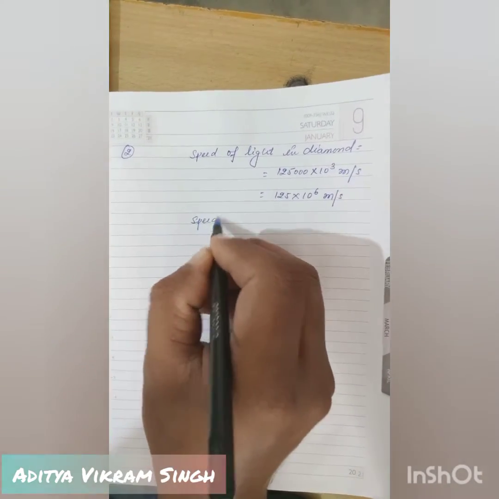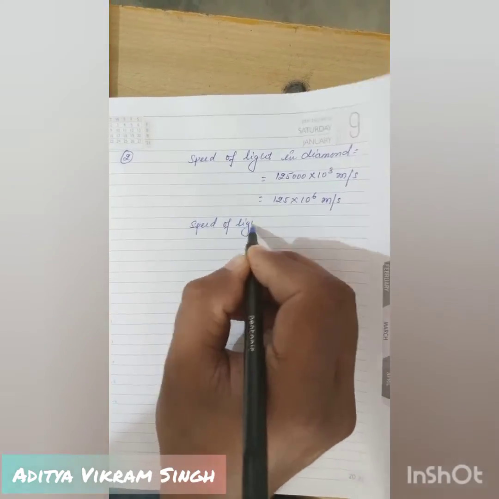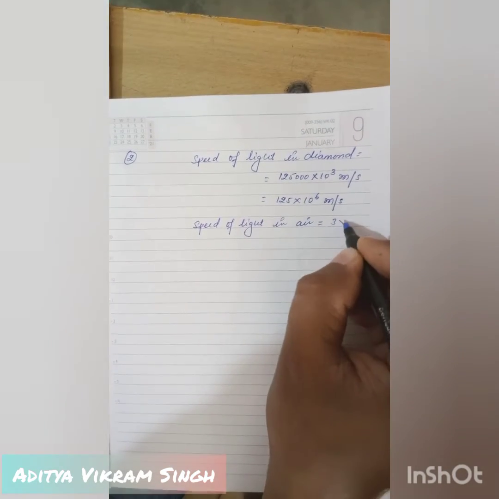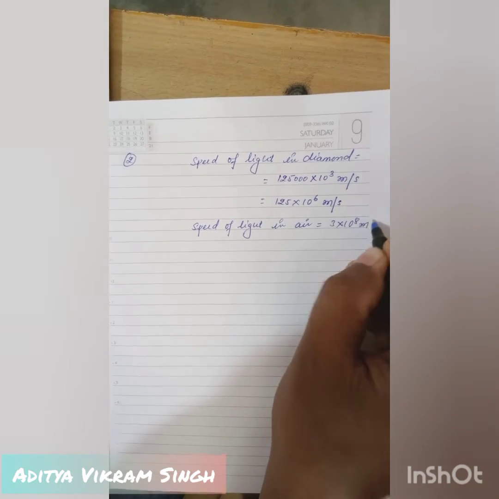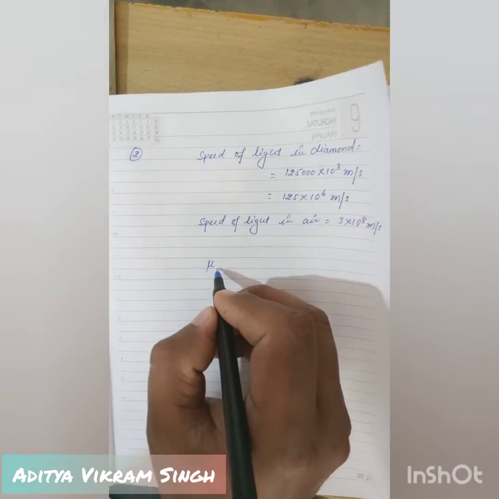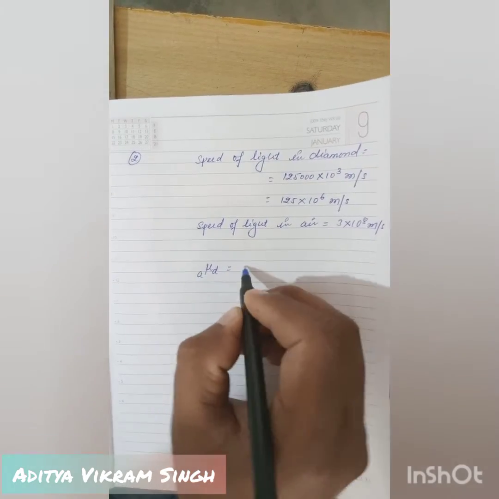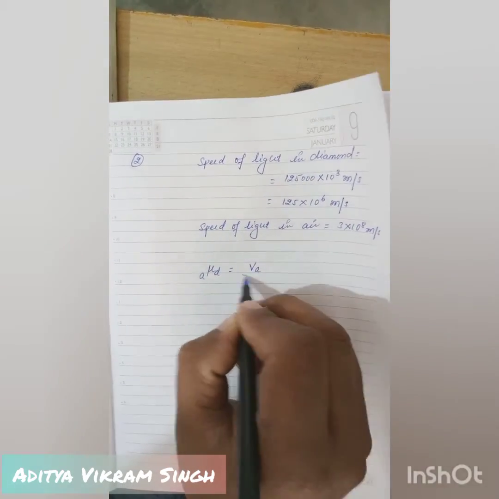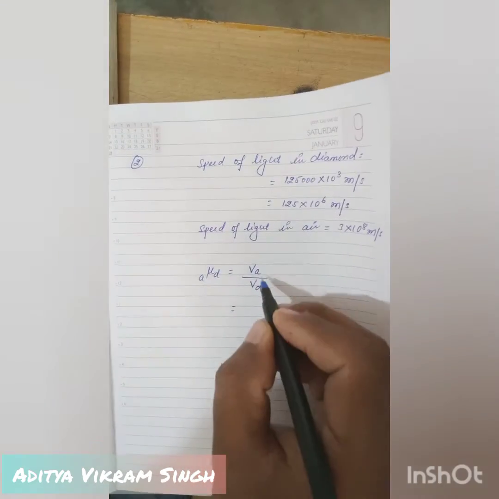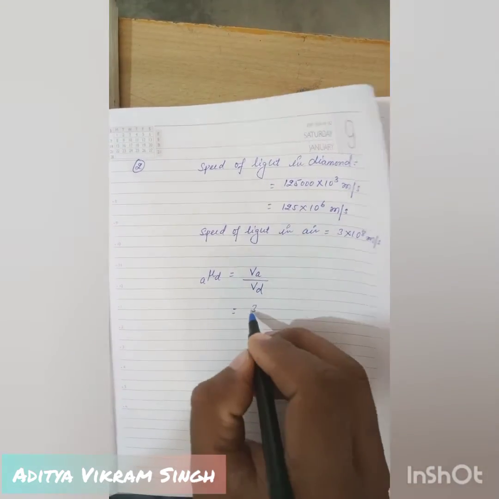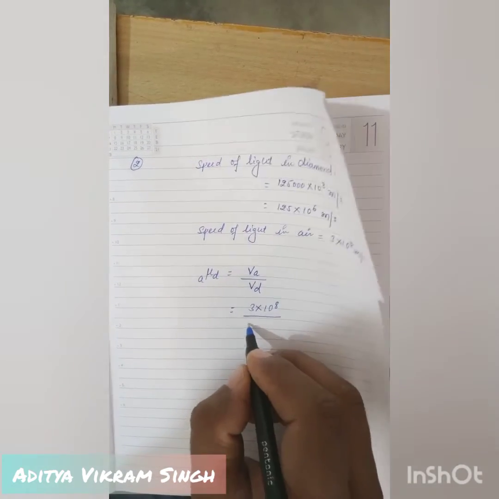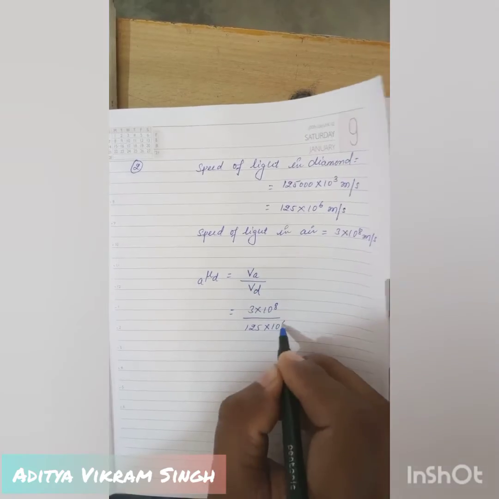Speed of light in air is 3 into 10 to the power 8 meter per second. So the refractive index of diamond with respect to air is velocity of light in air upon velocity of light in diamond. Okay, so velocity of light in air is 3 into 10 to the power 8 meter per second, and velocity of light in diamond is 125 into 10 to the power 6.